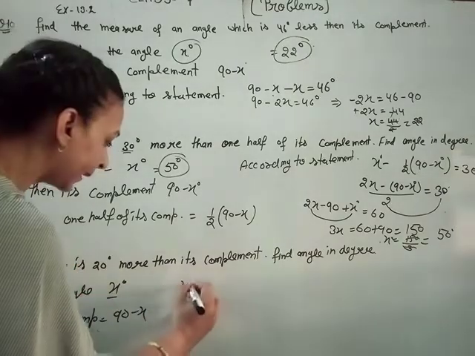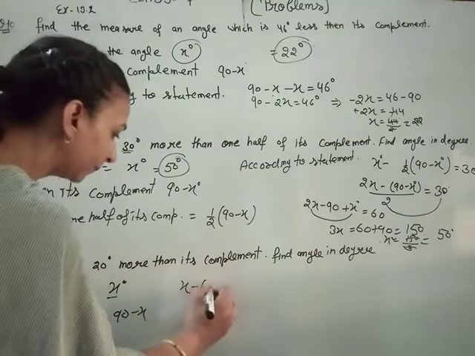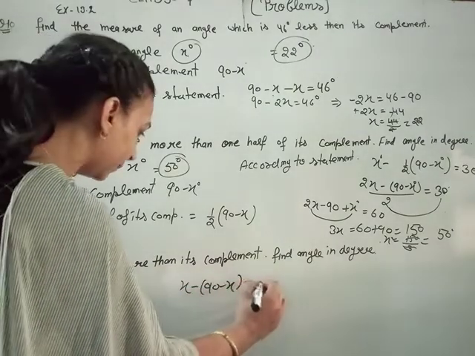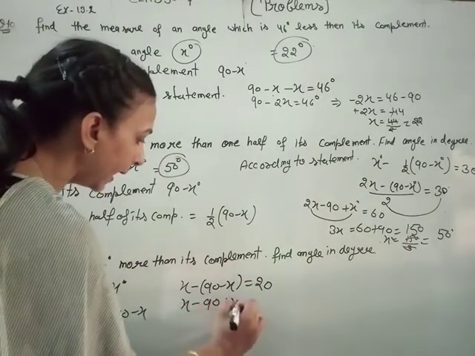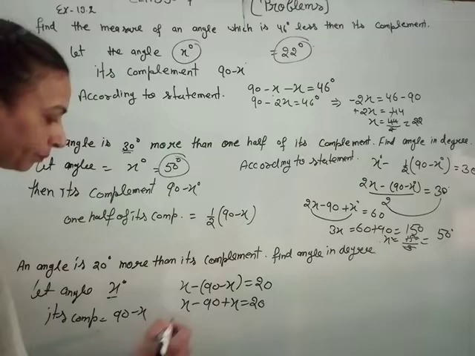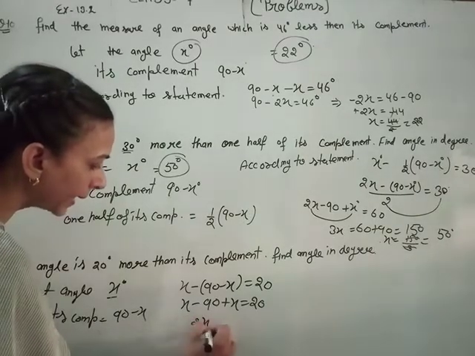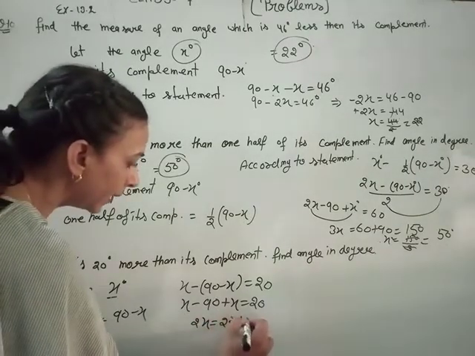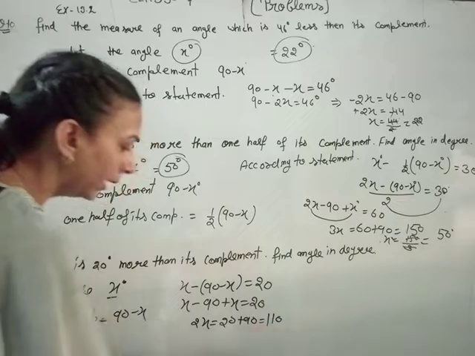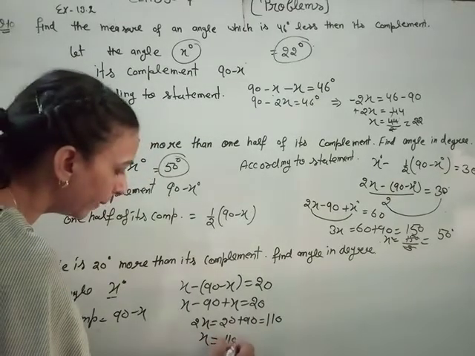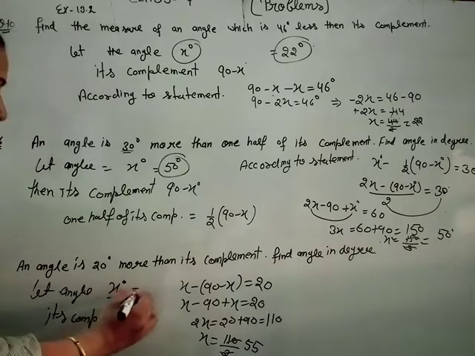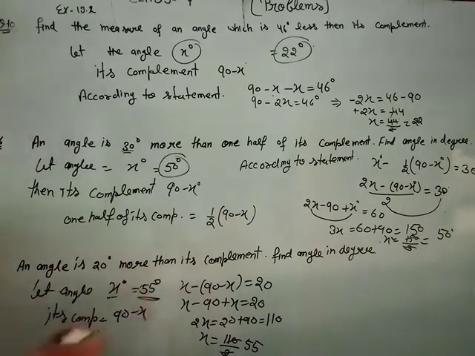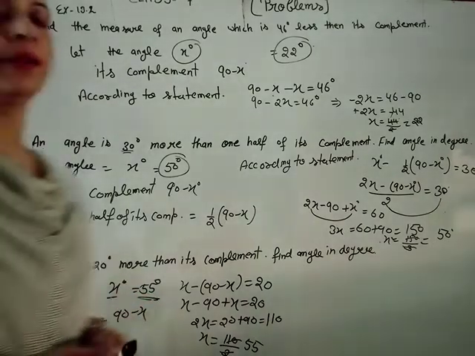So x minus 90 plus x equals 20. Then 2x equals 20 plus 90, which is 110. X equals 110 by 2, which is 55. So the measure of the angle equals 55 degrees.